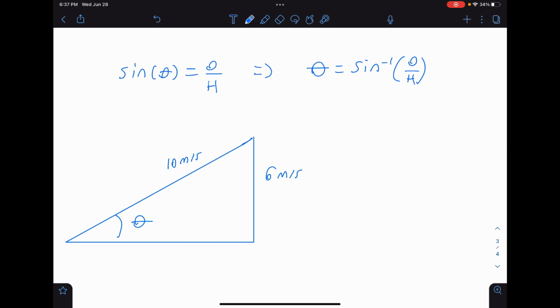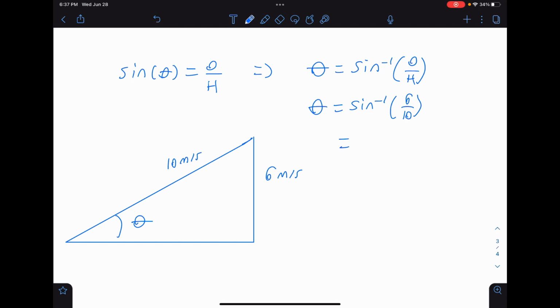So on your calculator, type in, I'm going to write it out first, but I want to show you how to do it on your calculator. So theta of sine inverse here is opposite, so 6 over 10. So on your calculator, you would do 6 divided by 10. That's it. Now you have 0.6, right? Then you would press second function or shift, and then press the inverse sine button.